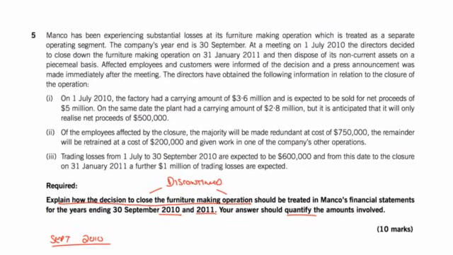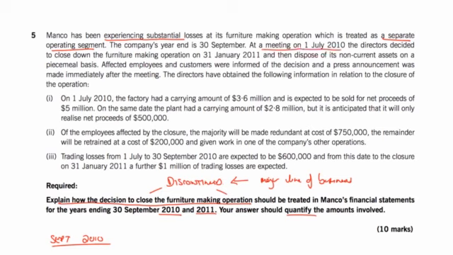So, they've been having substantial losses at a furniture making operation, which is treated as a separate operating segment. Okay, separate operating segment means it can become part of a discontinued because it's a major line of business. Let's keep reading. The company's year end is September, we know that.